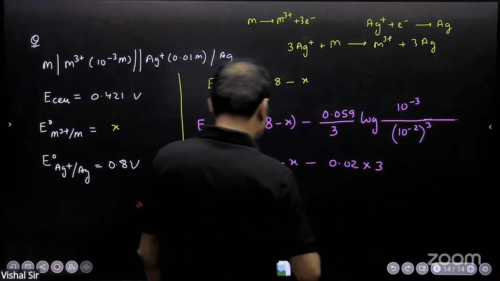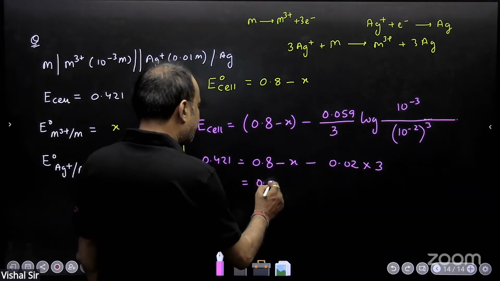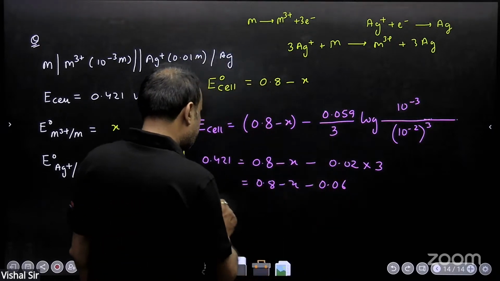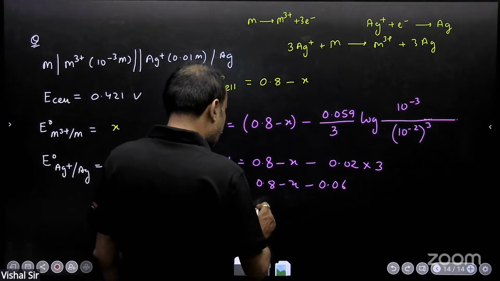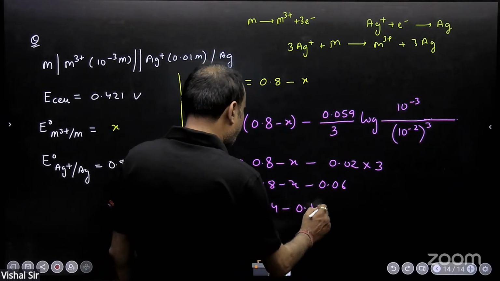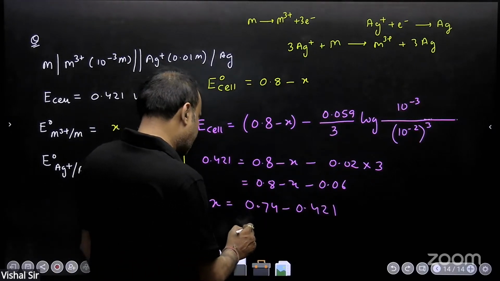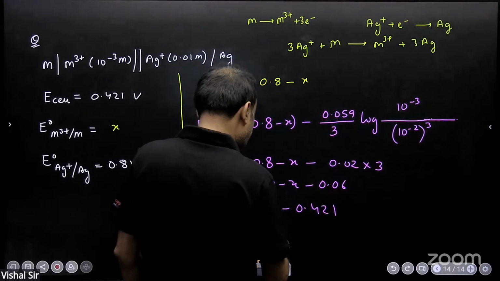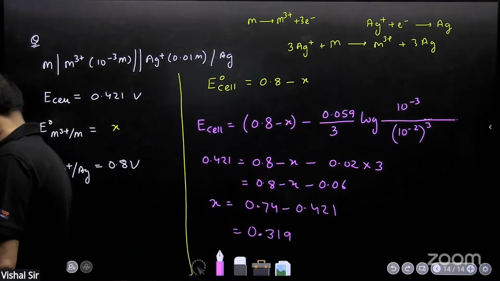So that is 3. So that is 0.8 minus X minus 0.06. So X comes out to be 0.74 minus 0.421, so that will be 0.319.